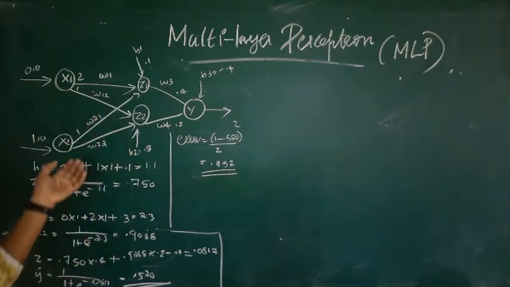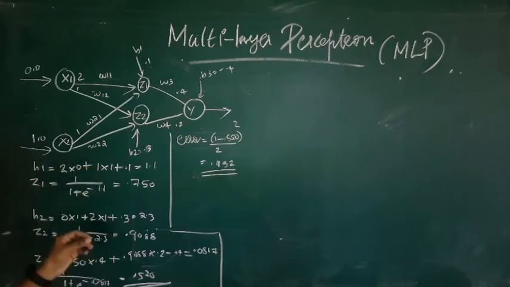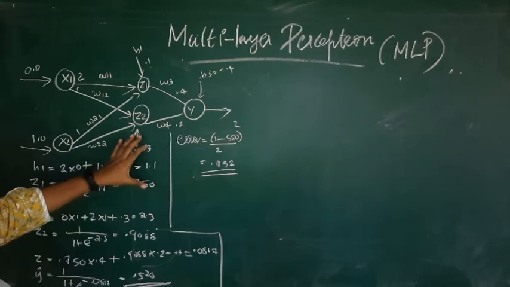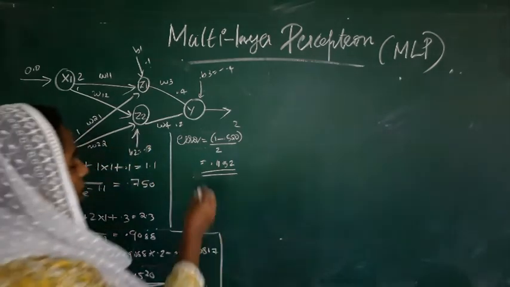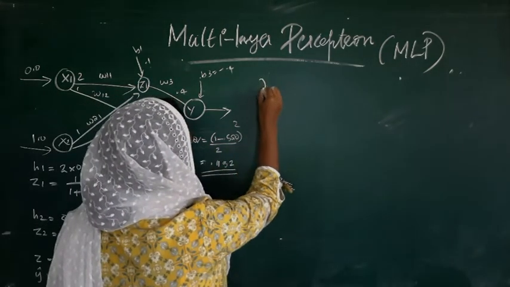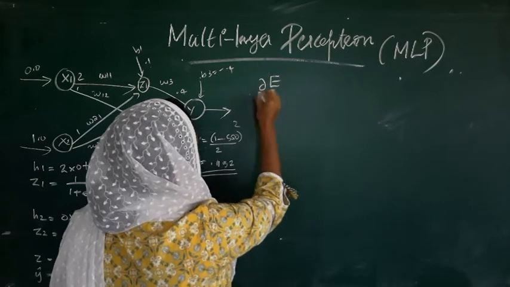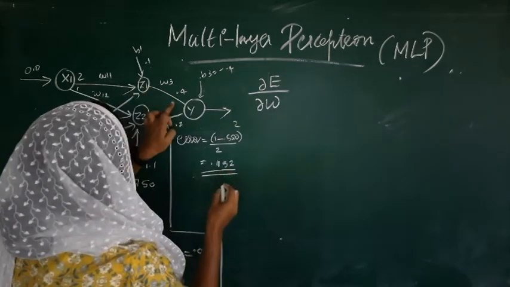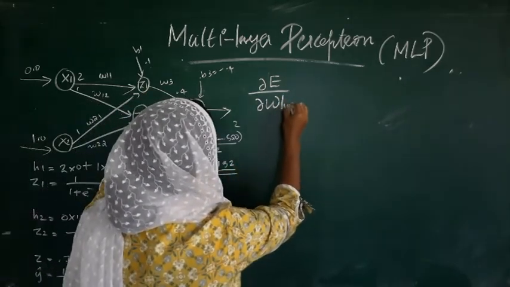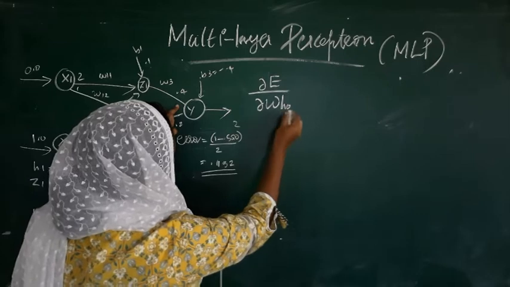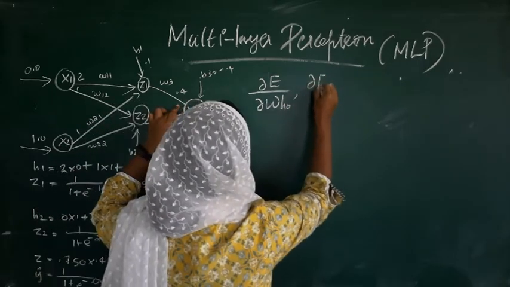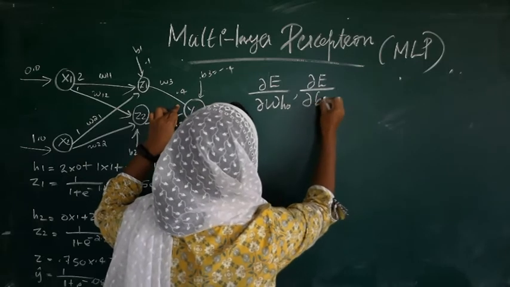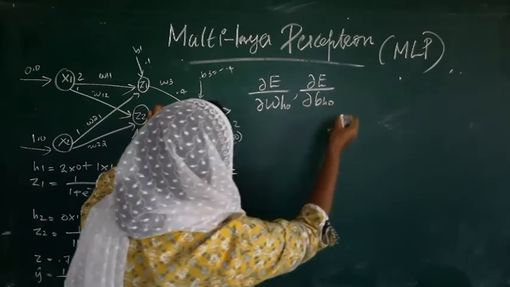For doing that, mathematically we have to find the partial derivative of the error with respect to weights and biases. For example, if E is the error, we have to find the partial derivative of error with respect to weights in the hidden to output layer. I am using the notation HO to represent hidden to output. We have to calculate the contribution of the biases in the hidden to output layer in the error.